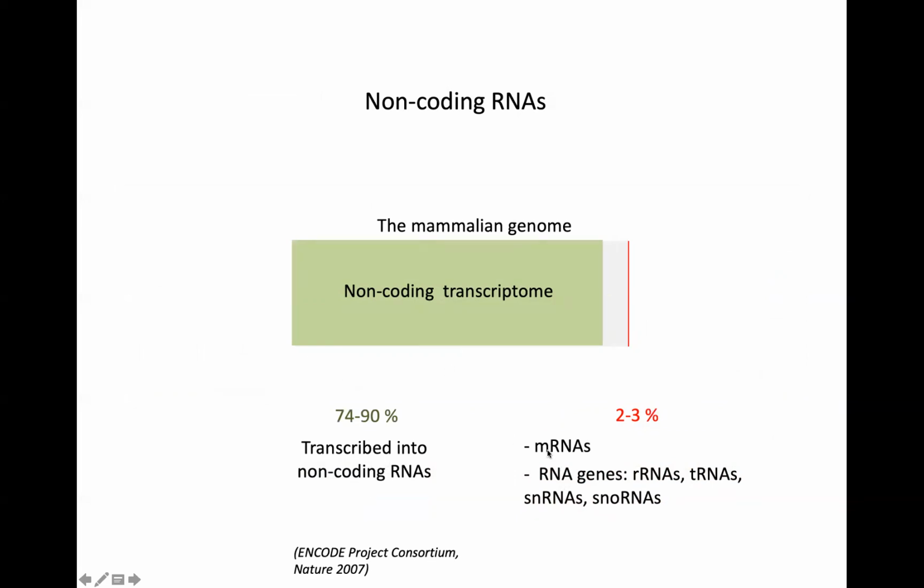And although mRNAs do have a poly-A tail, and many long non-coding RNAs do also have a poly-A tail, there is still a big number of other RNAs like tRNAs, snoRNAs, snRNAs, as well as other types of non-coding RNAs that do not have this poly-A tail.